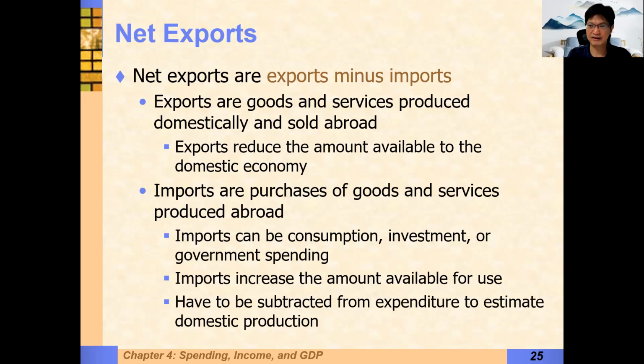Now, on the other hand, if we have a trade deficit, that is, net exports is negative, as imports is more than exports, then it's actually possible for consumption, investment, and government spending to be larger than the total amount of our production, because goods are flowing in from overseas. So these are our 4 ways of using production: consumption, investment, government spending, and net exports.